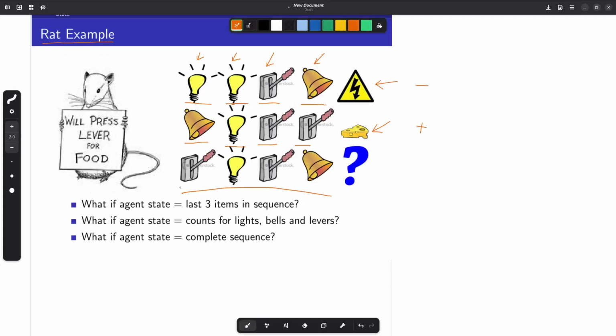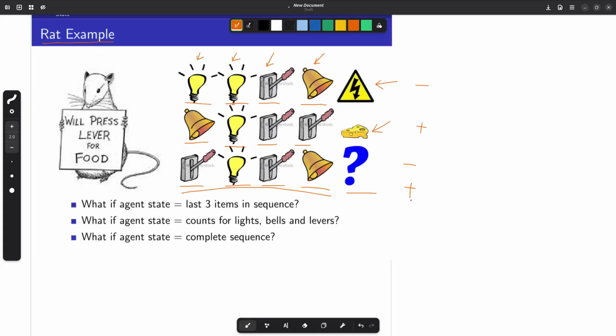So it sees a light, it sees a lever, it sees another light, or in other words, it pulls the lever, it hears the bell, and what happens next? It gets electrocuted, a negative reward, or it gets a piece of cheese.